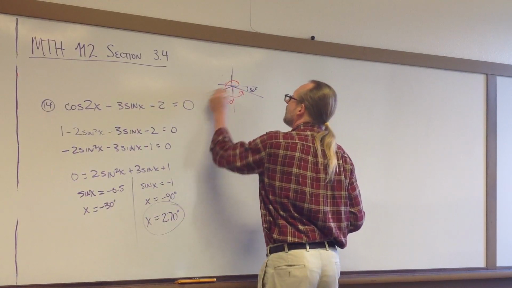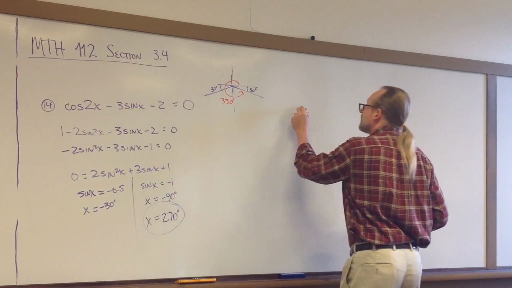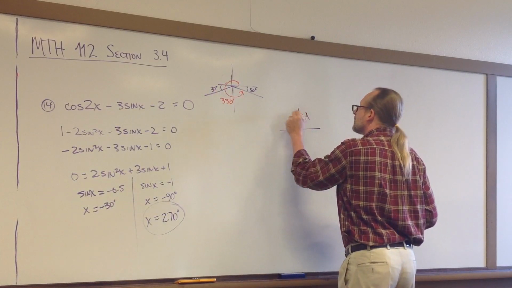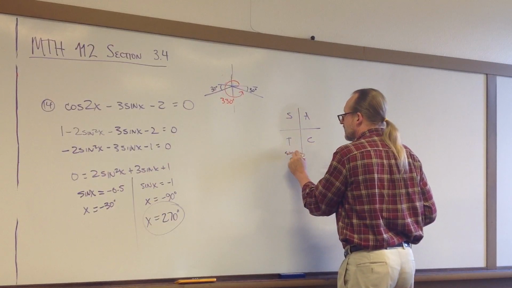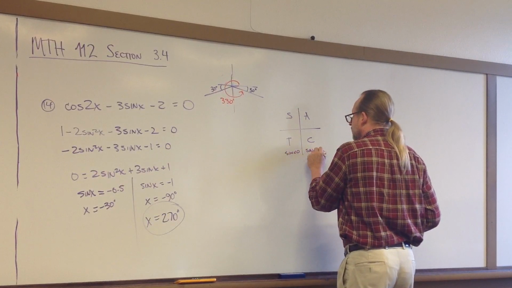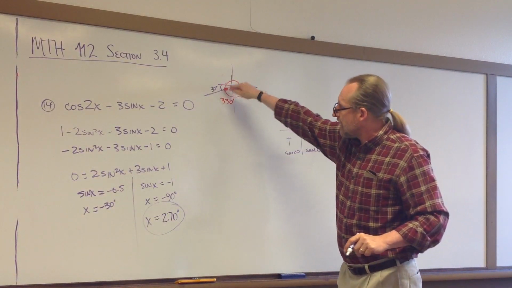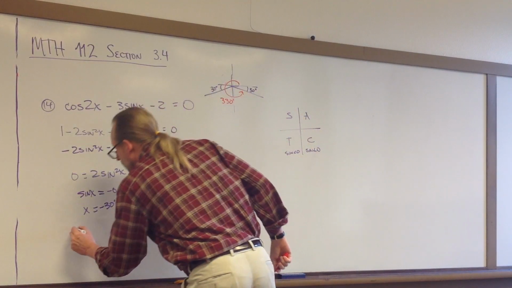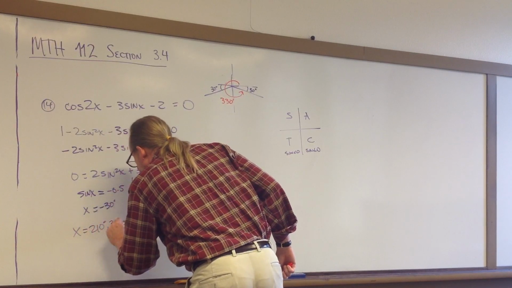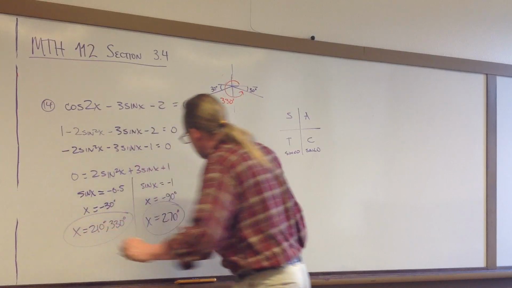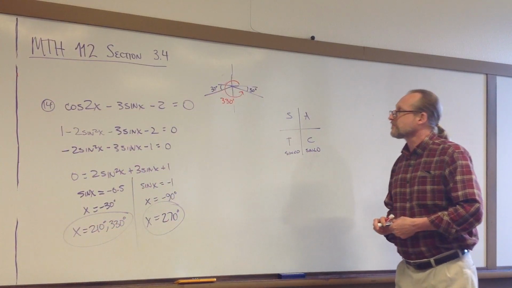And then if we put a reference angle of 30 degrees into the third quadrant, because the sine function is negative in the third and fourth quadrants, it'll be 180 plus that 30, which is 210. So 210 degrees, 330 degrees, plus that 270 degrees.